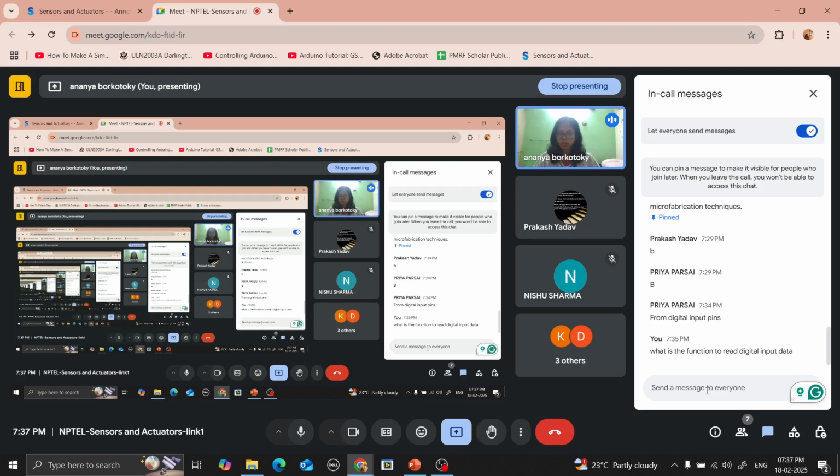If you are controlling using a digital pin, then you will write a function like digital write to change the state of that pin from high to low. Similarly, what is the function that is used to read digital data, whether that pin is in high position or in low position?